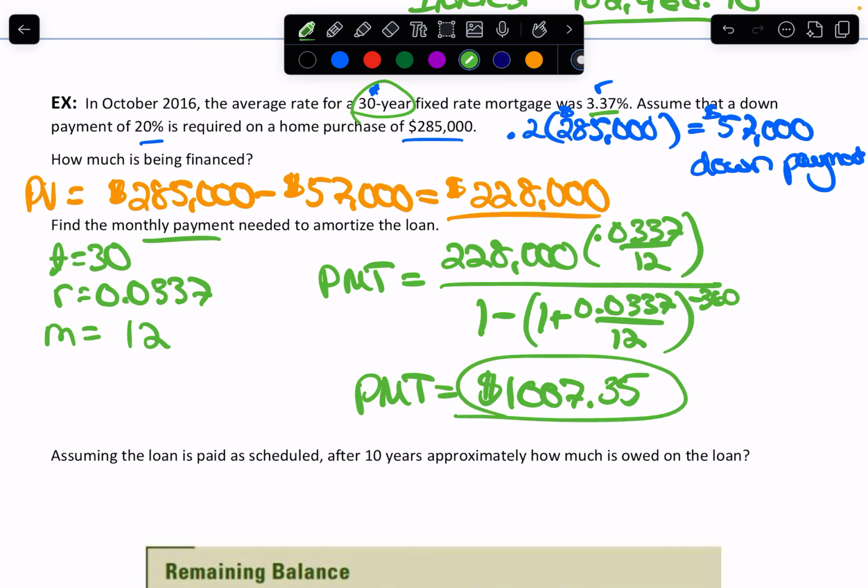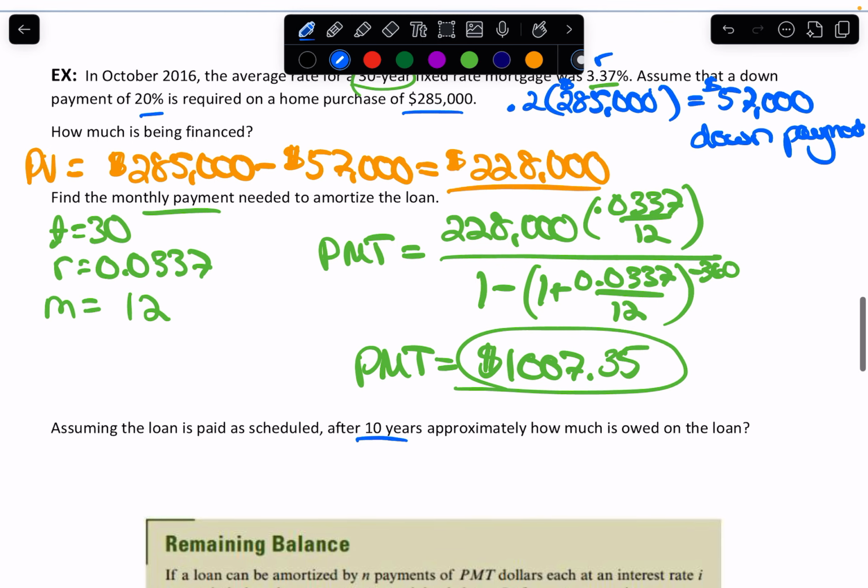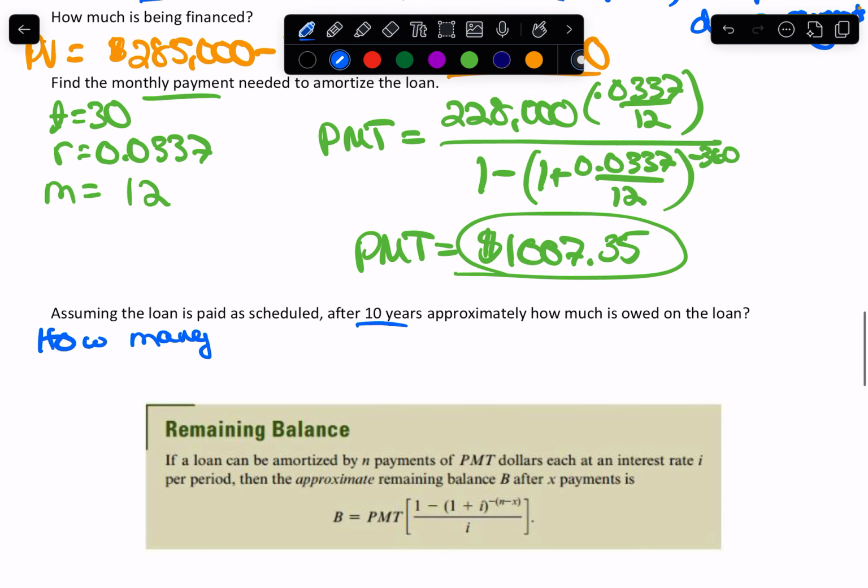Now, the next question is, assume the loan is paid as scheduled after 10 years, approximately how much is owed on the loan? So we need to figure out how many payments are left.